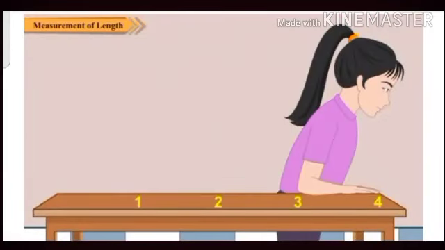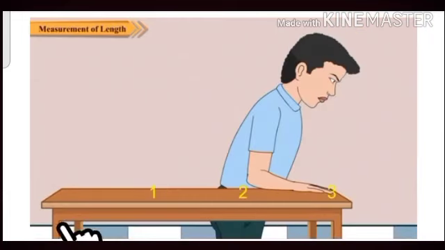For example, that small girl is measuring the table with her cubit. So from this to this finger, this is a cubit. So she measured 1 cubit, 2 cubits, 3 cubits and 4 cubits.